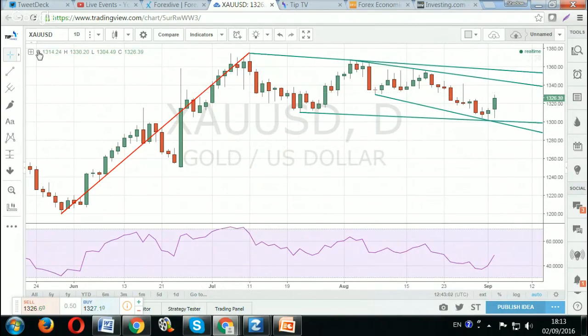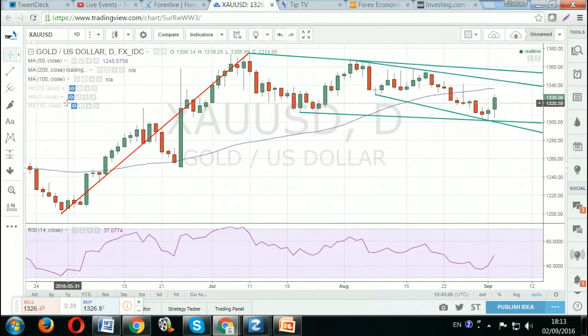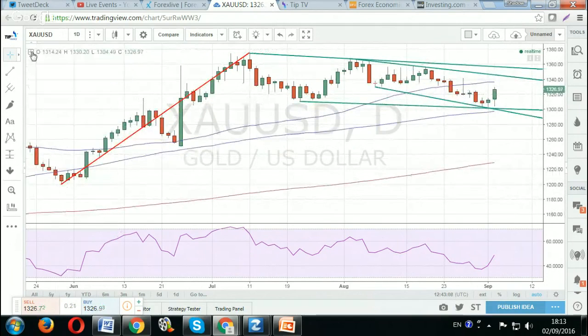And if we put the major moving averages, we have gold currently trading above the 5 DMA and 10 DMA. What this chart tells me is that the area around 1300 has become even stronger resistance.